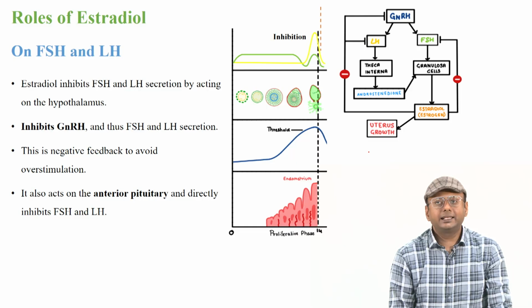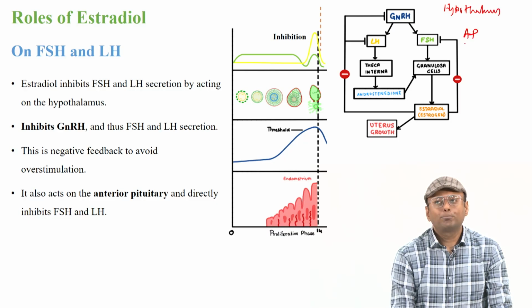So in the next stage, as you can see, the very interesting thing is that this estradiol has a negative feedback effect on both the hypothalamus along with the anterior pituitary. So directly or indirectly, when this estrogen is formed, it has an inhibitory effect.